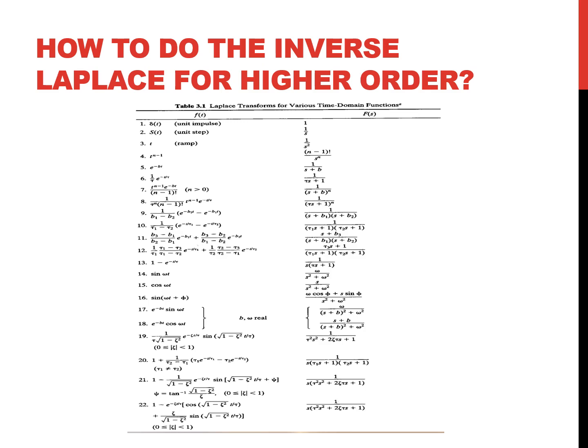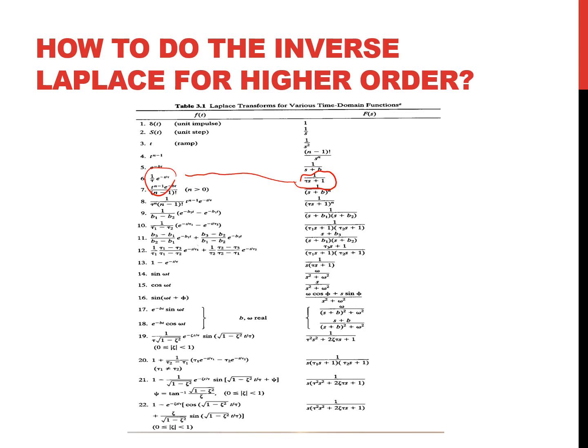For first order or second order, usually we can refer to this table, where we find our transfer function, and then we obtain the time domain function for the given inverse Laplace. For example, the first order, this one. So you can obtain this time domain function. Based on this, you just take the equation, then you solve the given problem.